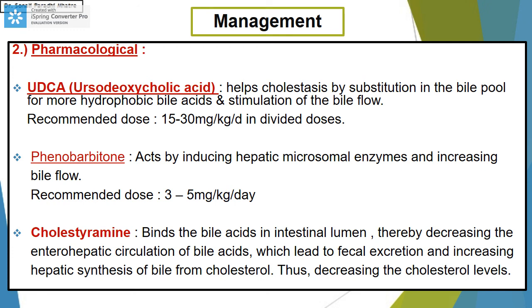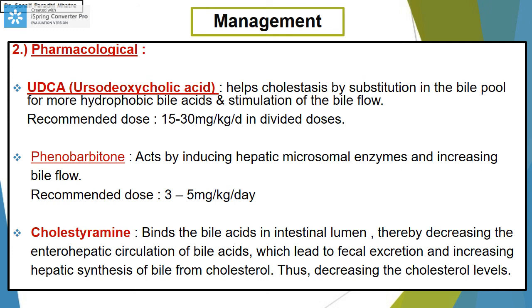This helps cholestasis by substitution in the bile pool for more hydrophobic bile acids and stimulation of the bile flow. The recommended dose is 15 to 30 milligram per kg per day in divided doses. Generally, 2 divided doses are enough.